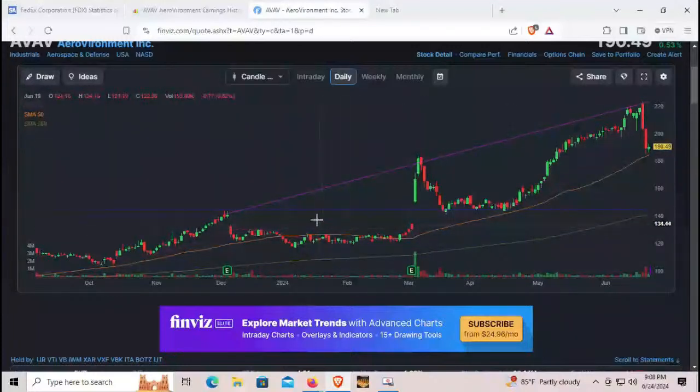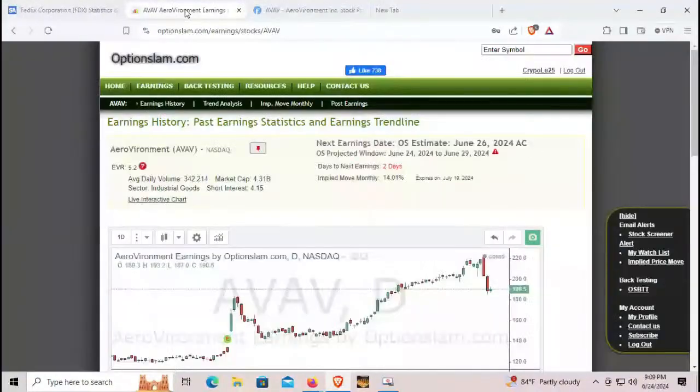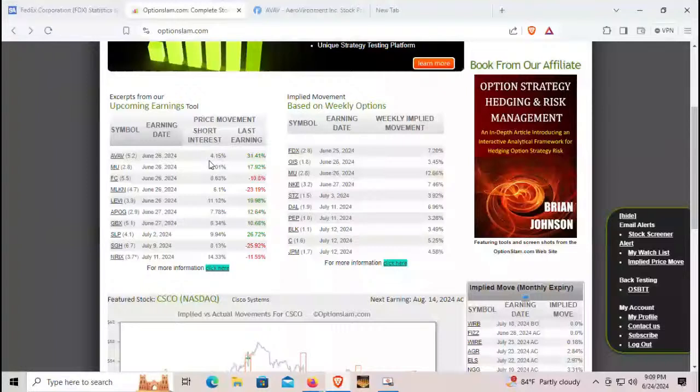Oh, they had the blue line over here, a dark blue one, making a little reverse triangle or something. I gotta take a look to see what the name of this is. But we're hitting the 50-day moving average, and this was, let's go back here. It was up 31% in the last earnings.